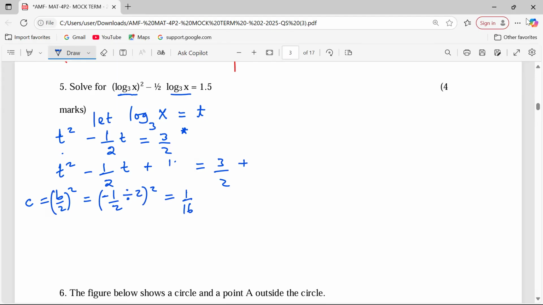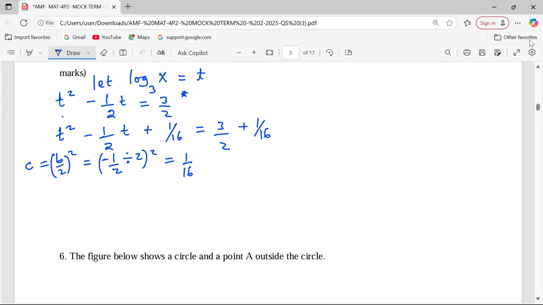So now I'll be adding 1 over 16 to both sides. t squared minus half t plus 1 over 16 equivalent to, now I take 3 over 2 minus 1 over 16. This gives me 1 and 7 over 16.